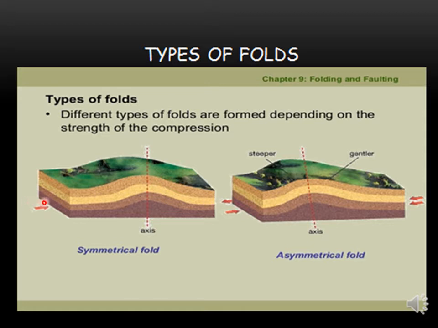If the force is equal from both sides, the rock layer is likely to warp and crumble to form a symmetrical fold. So the sides of the limbs must be of the same size and same shape.